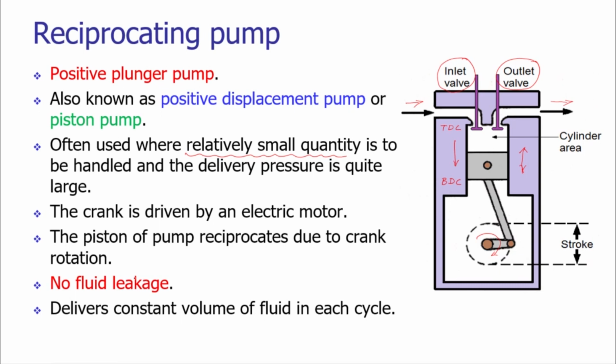The advantage of the reciprocating pump is that the leakage is less and these systems deliver a constant volume of fluid in each cycle. So by having multiple such cycles, we can deliver a precise amount of fluid for our application.